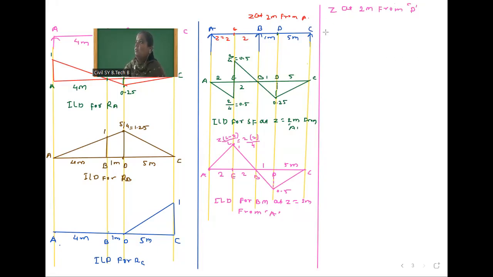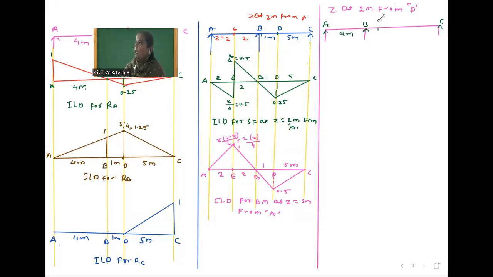For this, first I will draw the original figure. Suppose this is the original figure. This is point A, this is point B and this is C. Here the D point we have already located at 1 meter distance. From the total, this distance is 4 meter.